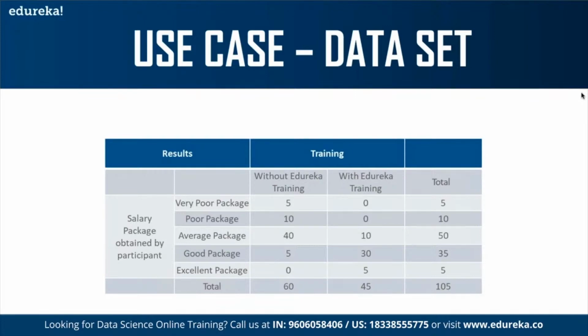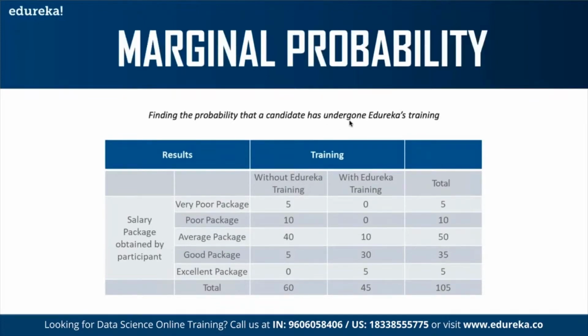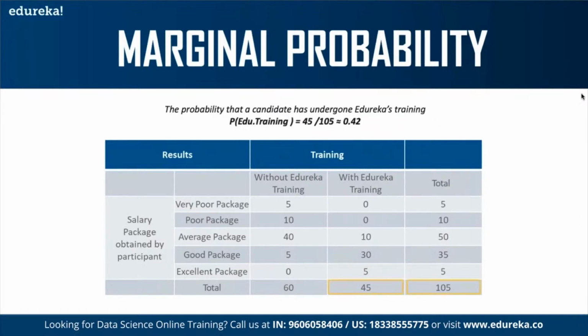And suppose in the same way we have to find the probability that a candidate has undergone an Edureka's training, then what we have to do is simply take into consideration that now this is a simple conditional probability, right? So again, here we can find the probability of Edureka training by the total number of participants, right? Divided by the distribution for these, right? As in the total number of participants here, that is 105, and that will be 0.42.